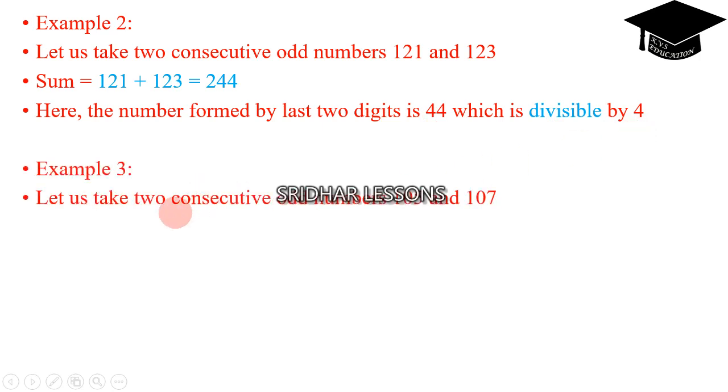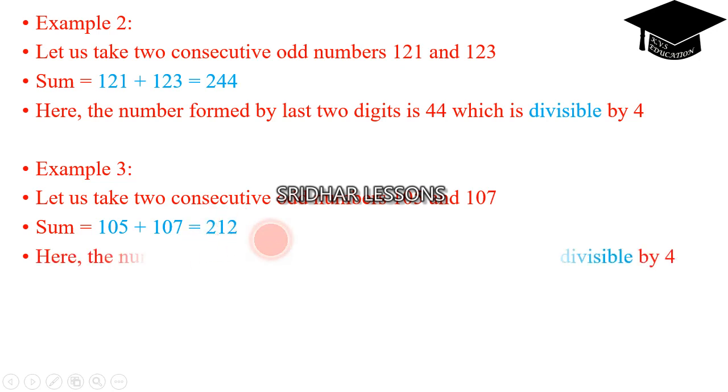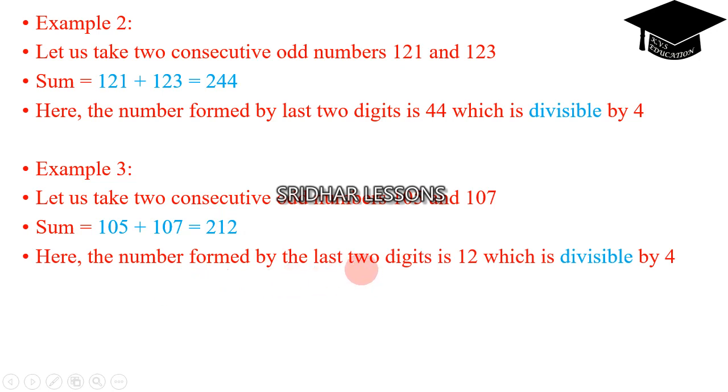Example 3. Take the consecutive odd numbers 105 and 107. We add them, we get 212. The number formed by the last two digits is 12, which is divisible by 4, again according to the divisibility rule of 4.